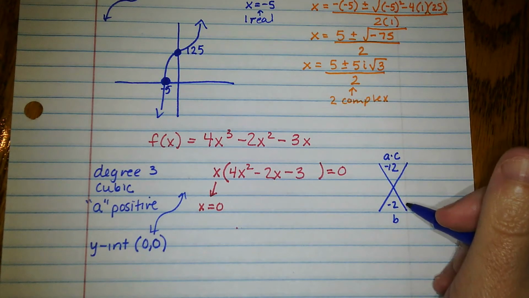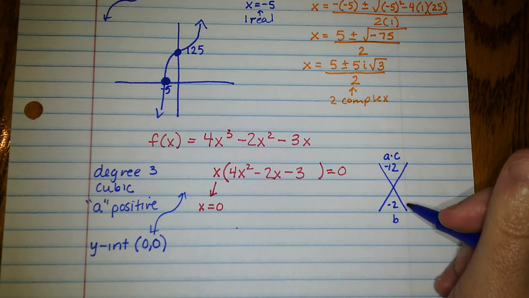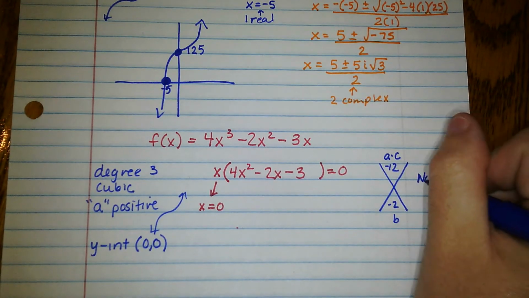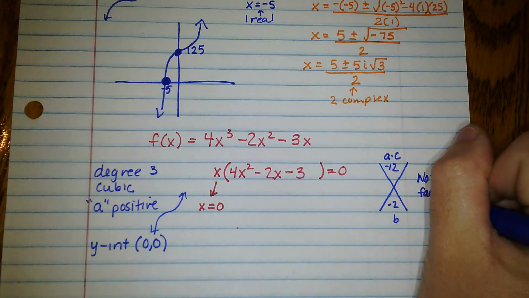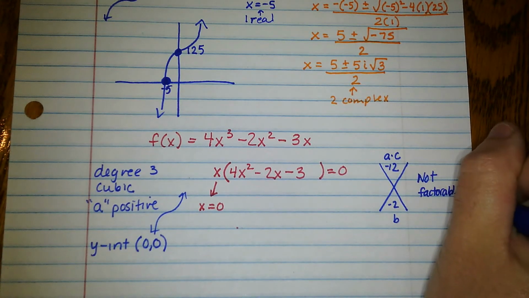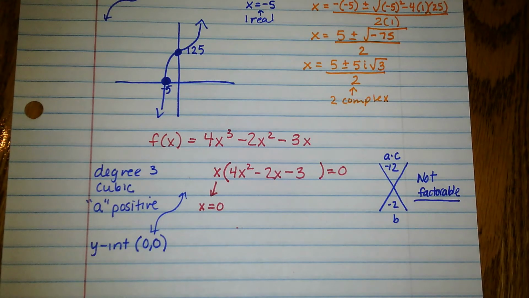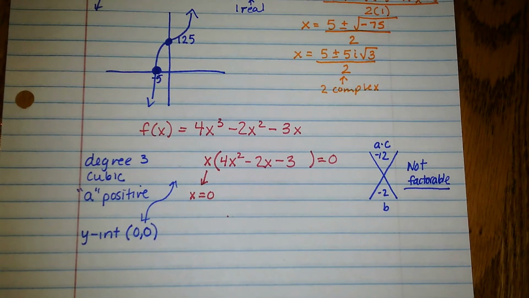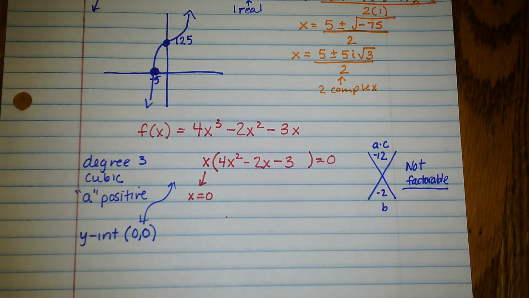So I got 1 and 12, no. 2 and 6, no. 3 and 4, no. Oh, it's not factorable. So how do I know when I need to do quadratic formula? When you can't factor it. There's no combination of whole numbers that does this. So this is where we have to do quadratic formula.